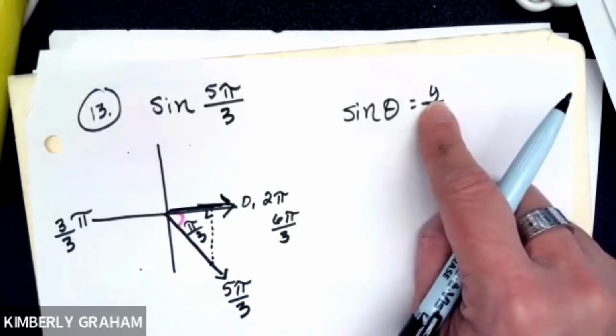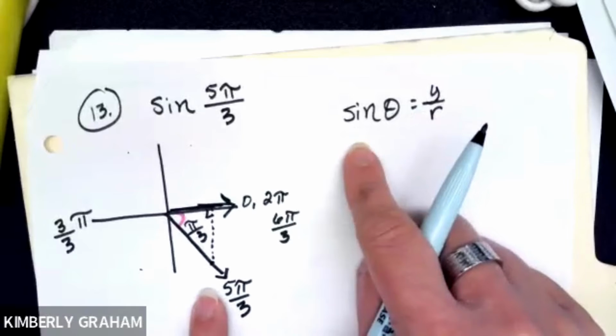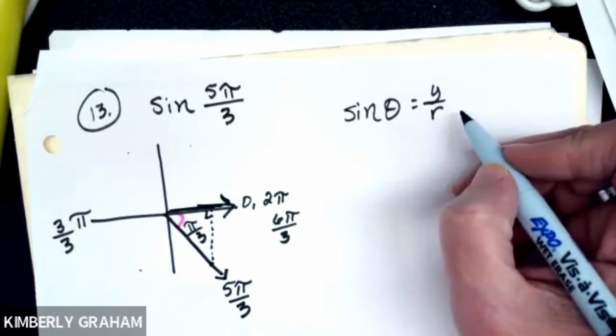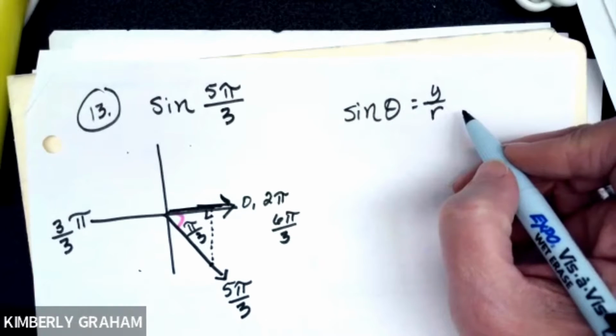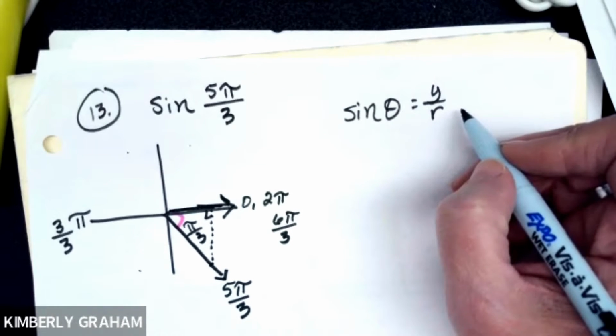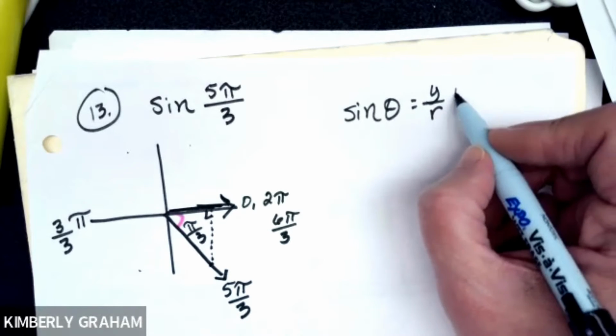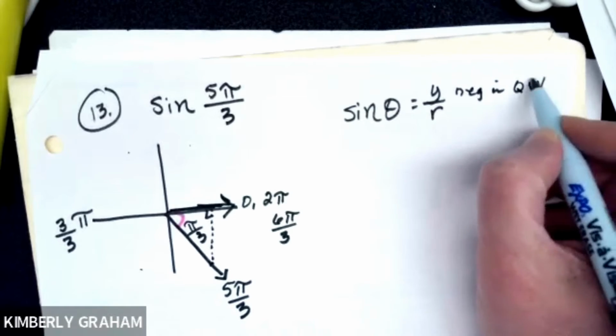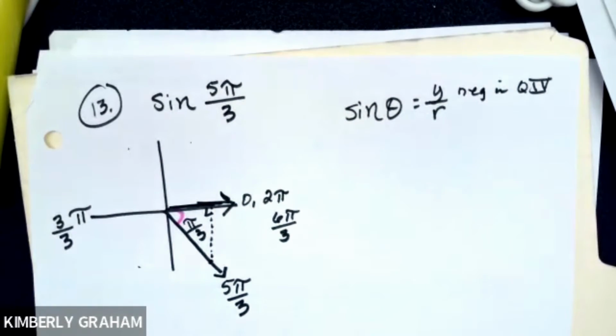Well, what's my y value down there? Negative. So my sine value is going to be negative. Does that make sense? Because r is always positive, so what determines this is just the y, right? Y is negative in quadrant 4. So my sine value is going to be negative.